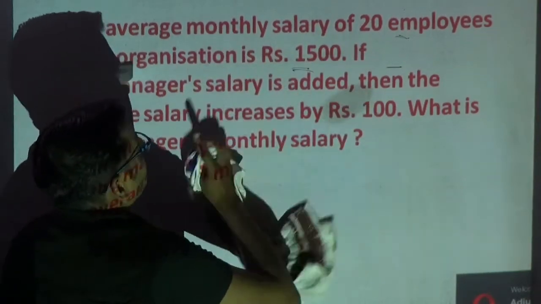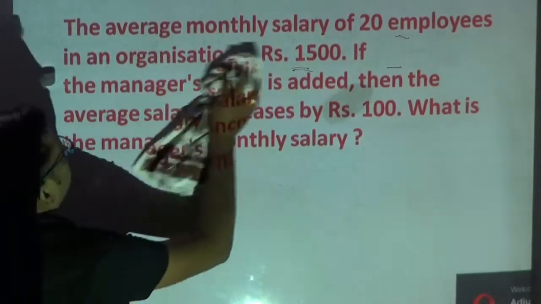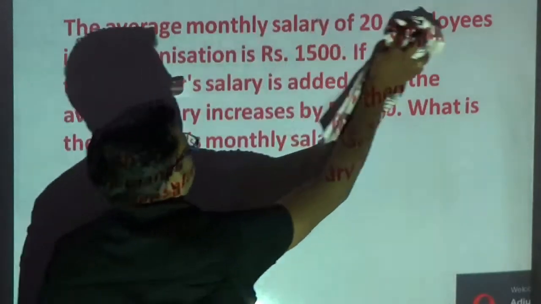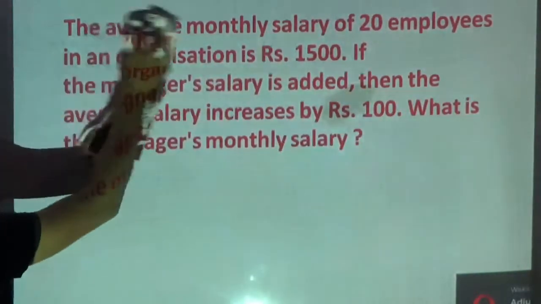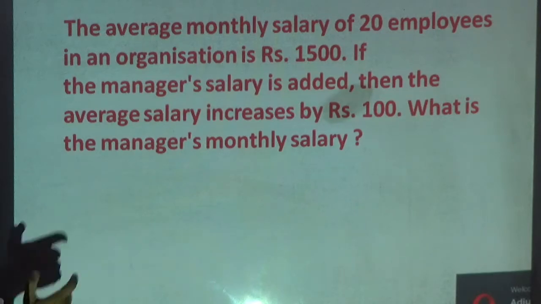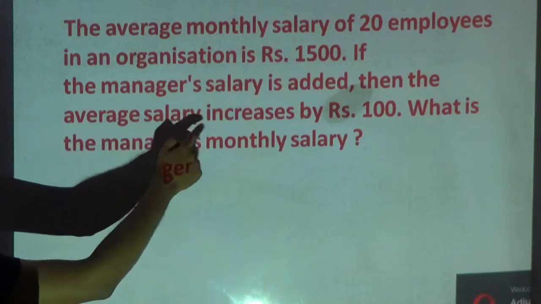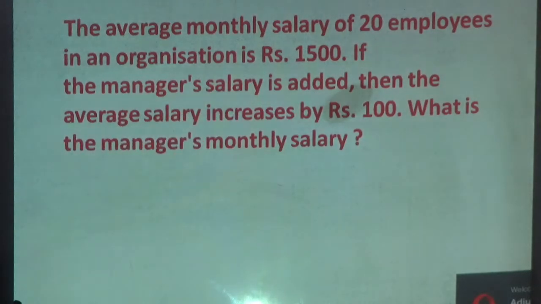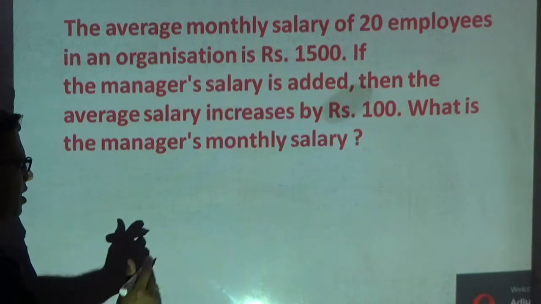Now, the average monthly salary of 20 employees in an organization is 1,500. If the manager's salary is added, then the average salary increases by rupees 100. They are asking the manager's salary. I have already given the shortcut.